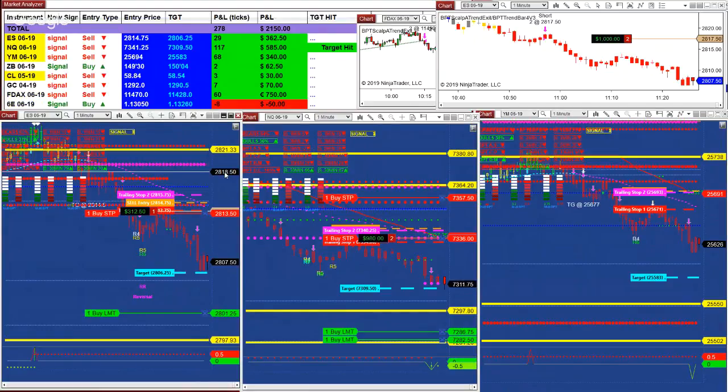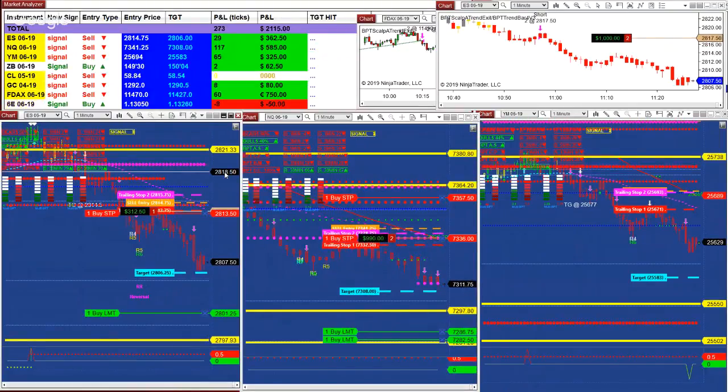Funny, because we had one guy calling at 3:30 in the morning. He forgot how to load a market analyzer, how to load it at 3:30 in the morning. Please don't do that.